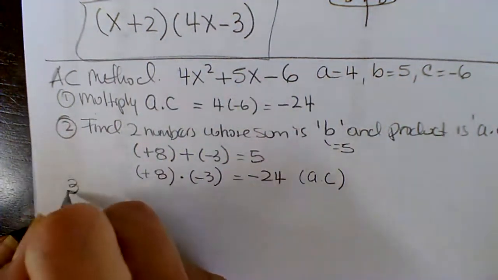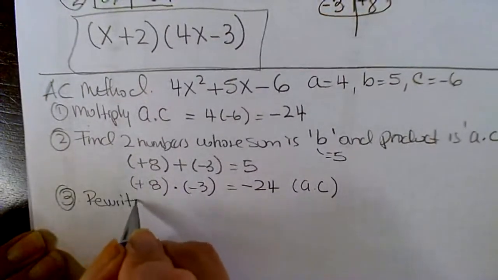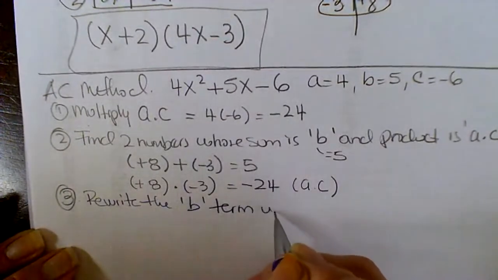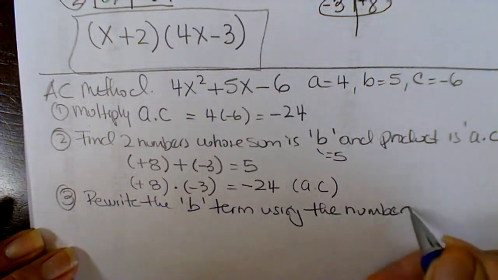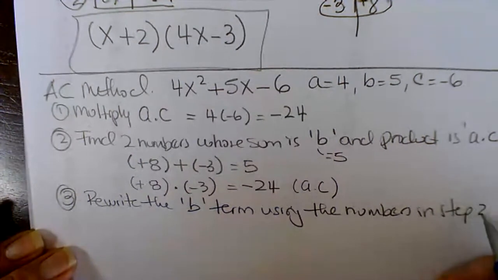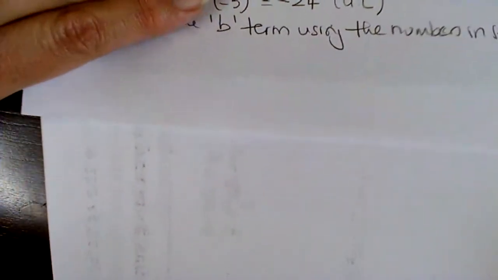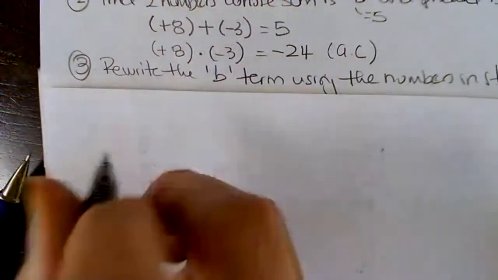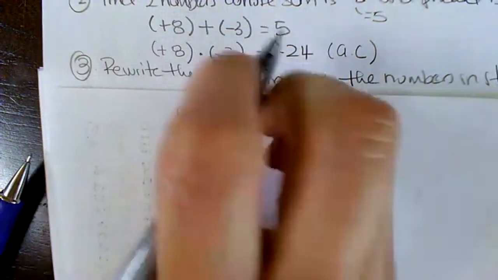So in step 3, we rewrite the B term using the numbers in step 2. So here's what we're going to be doing. We have 4x squared plus 5x minus 6.